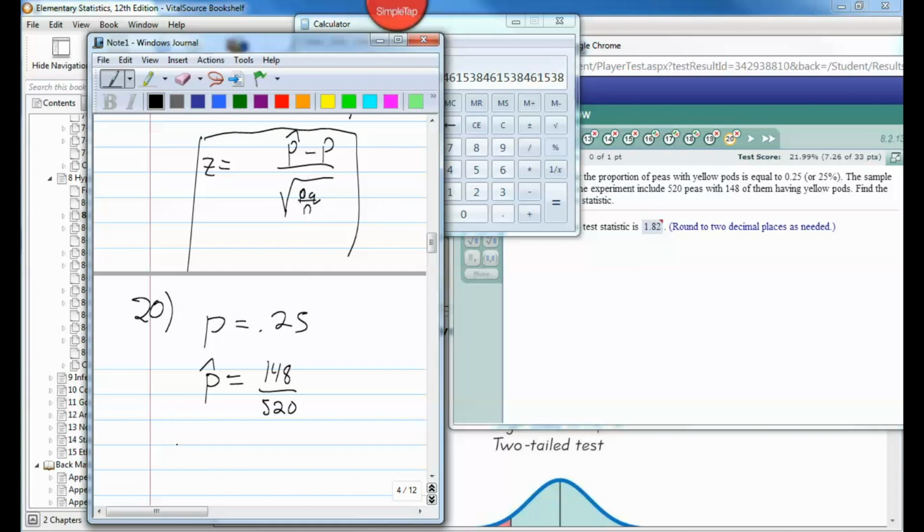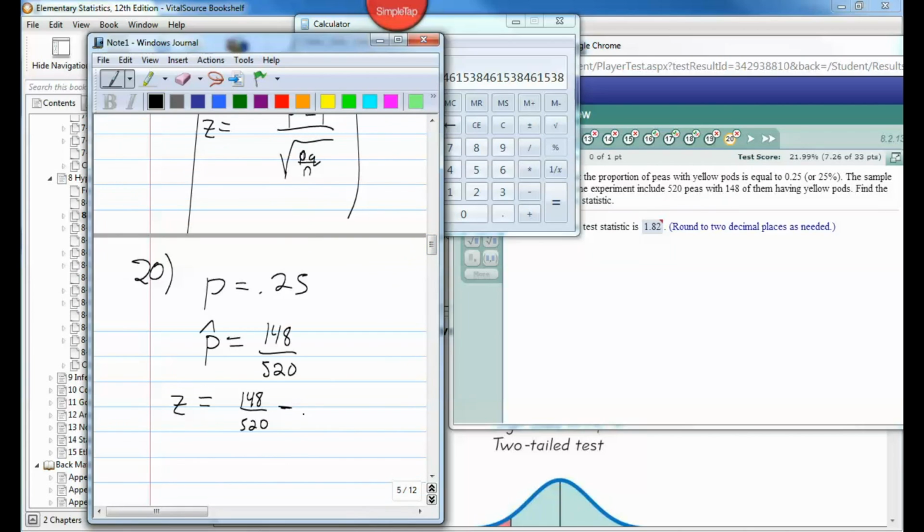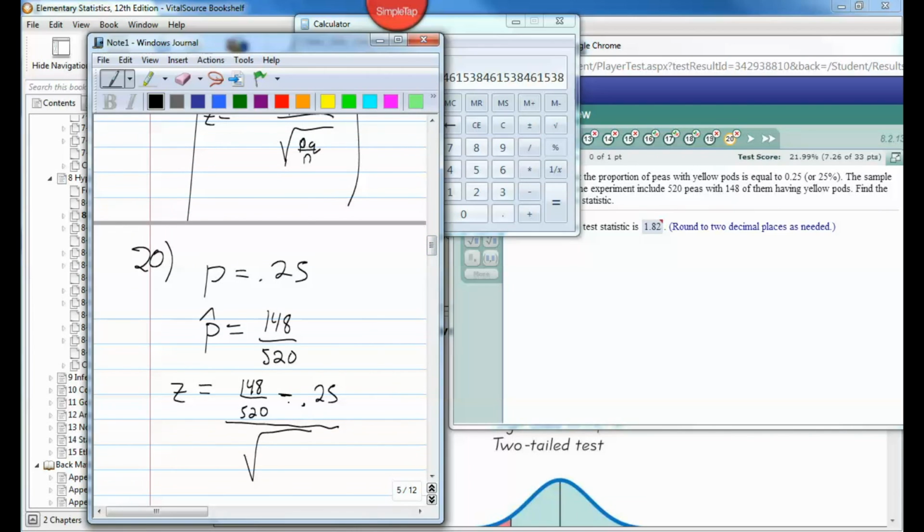So our test statistic Z is going to be equal to 148 over 520 minus 0.25, over the square root of, what was P? 0.25 times Q, 0.75, divided by N. N was 520.